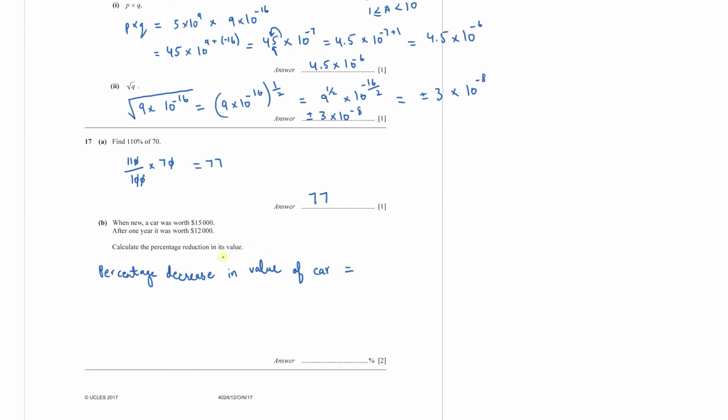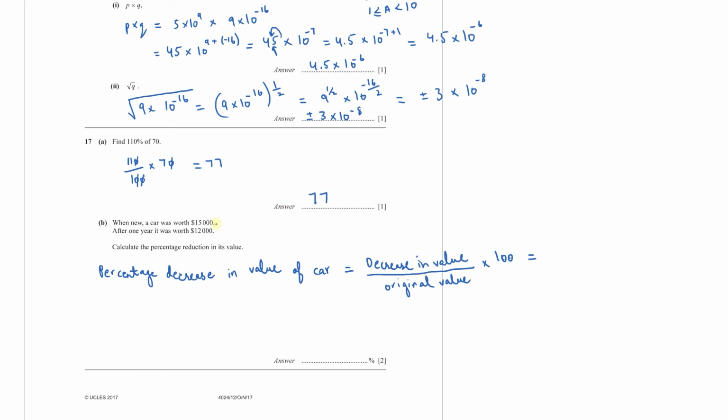So how do you find the percentage decrease? That is the decrease in value, how much it decreased in dollar amount, divided by the original value, multiplied by 100.